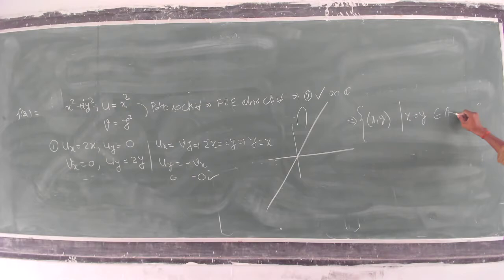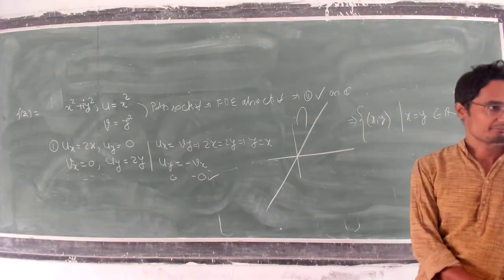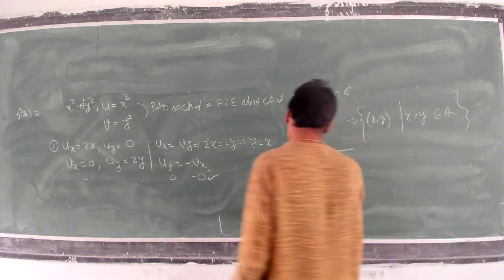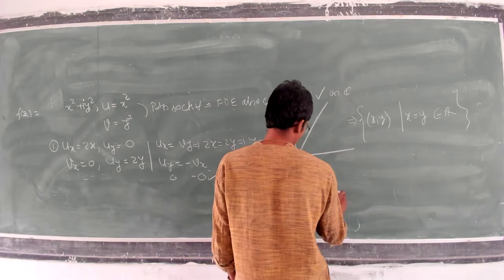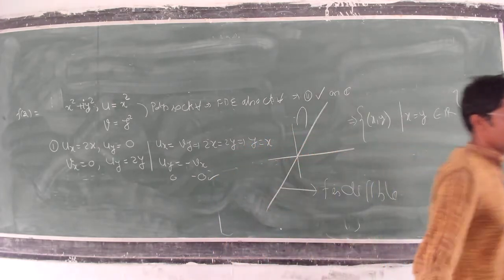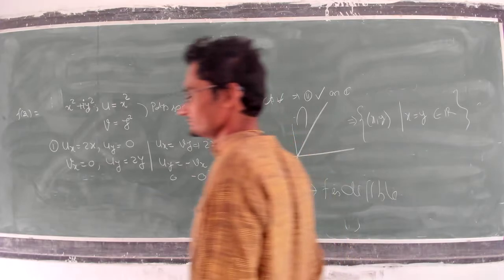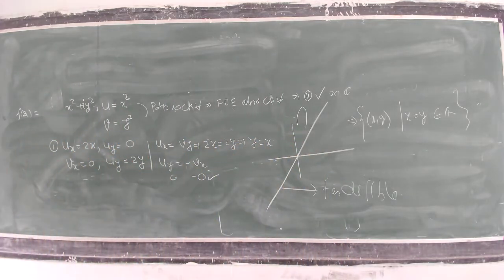It is fine to everyone? Meaning your function is differentiable along this line only. So this is the line at which f is differentiable. Okay? It is clear to everyone? Or in doubt? Not clear?